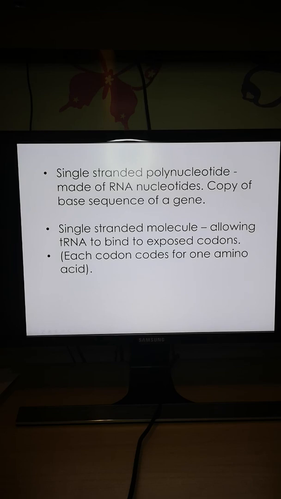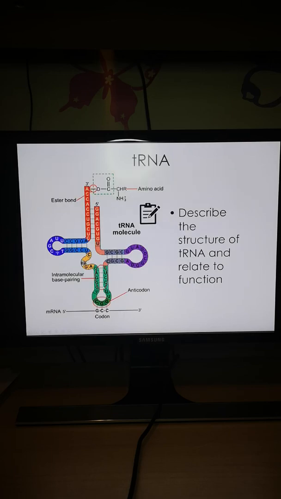That's a description of its structure. How does that relate to its function? Well, it's single-stranded, which allows tRNAs to bind to it. That's really important to its function, as we'll see next week. Also, each codon codes for one amino acid. Again, that's an important link between its structure and function that you'll see next week.